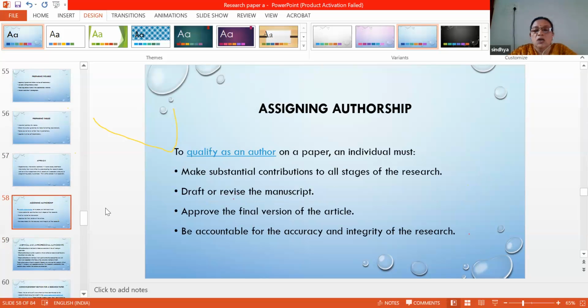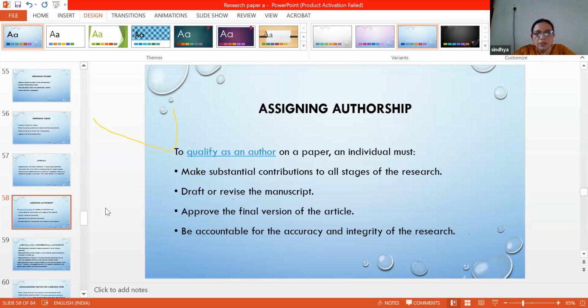Then assigning authorship. Who is assigned as an author? Who is qualified as an author? That is important. Everybody can be an author, but the qualification of an author depends on certain criteria. To qualify as an author, an individual must make a substantial contribution to all stages of the research.